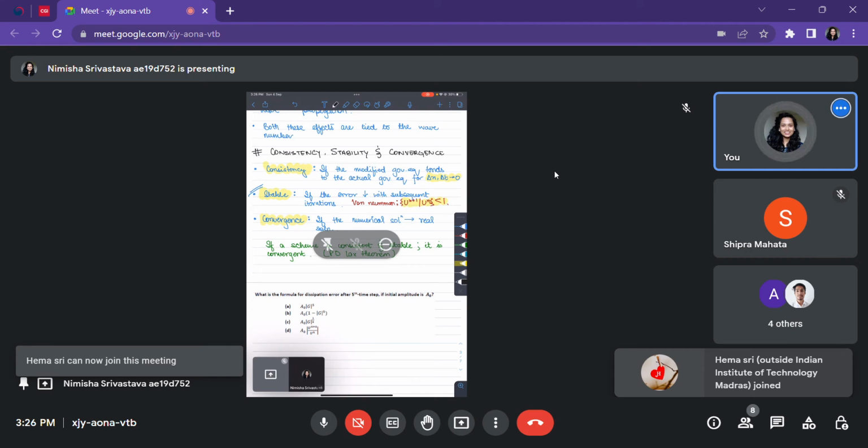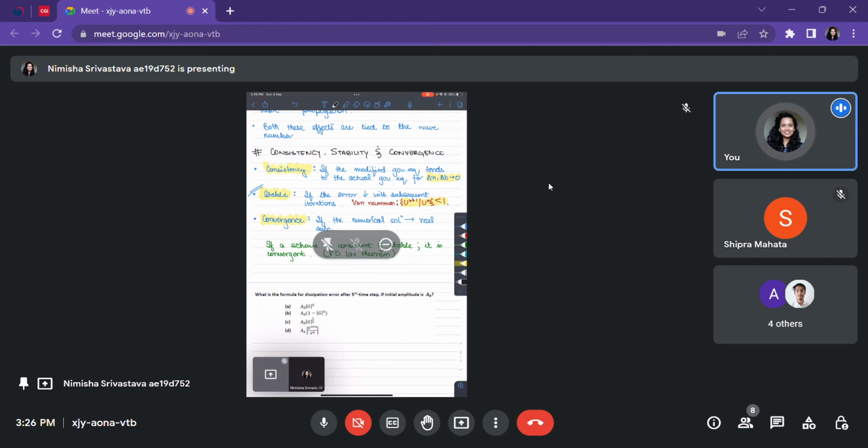That discussion we have had in the last class as well. So we're able to prove it's stable fairly easily. We're able to prove it's consistent fairly easily. So how we evaluate a scheme is that we just try to find out whether it's consistent and stable, and then we say it's going to be convergent, and therefore it serves my purpose. Okay. So this is the background on that.